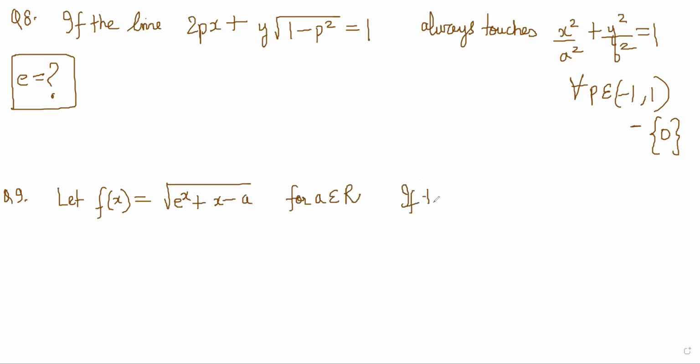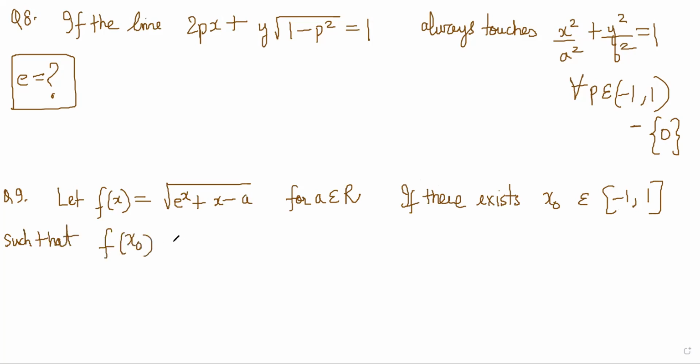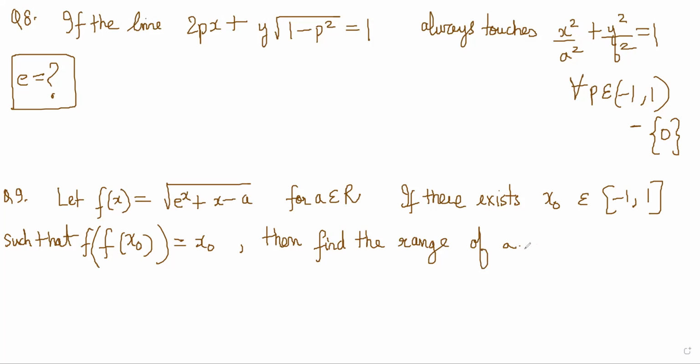If there exists x naught belonging to [-1, 1] such that f(x naught) = x naught, then find the range of a. Range of a. This is the second question. So try both of these.